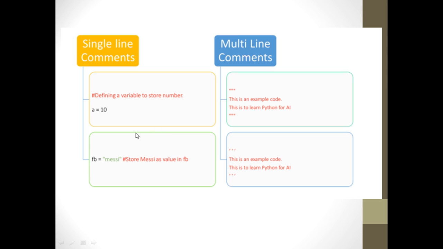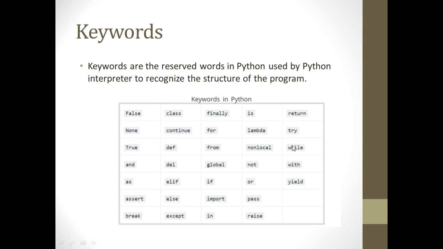To include a single line comment, we say hash and then write whatever we want to, or a hash can also be given at the end of a statement. The other one is by giving three times the double quotes or three times the single quotes. This is a multi-line comment and this is a single line comment in Python.